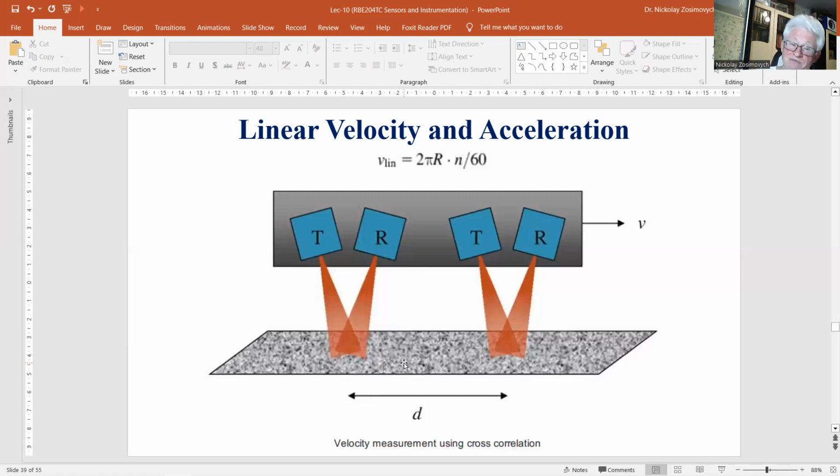The time delay between these signals can easily be derived by cross-correlation. The cross-correlation function shows a maximum for a time difference equal to d over v, from which the velocity is calculated. Also, the implementation seems straightforward, but a proper result is not evident.